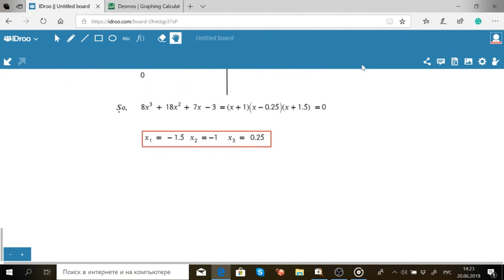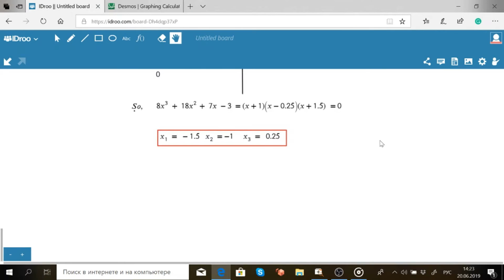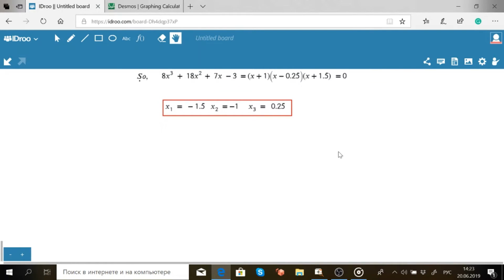Let us collect all information together. We tried to solve the equation of the third order, and we have presented the left-hand side as a product of three factors, each of them written inside brackets. At the point when x takes the value of negative 1.5 or negative 1 or 1/4, the value in brackets turns out to be 0.